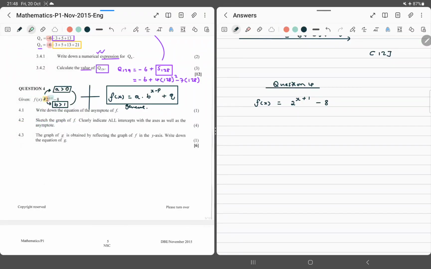And what is that horizontal asymptote? It's minus 8, or you can say it's a vertical shift. So the horizontal asymptote is this one here at minus 8. That is x, that is y, that is the origin. Now this combination says this is an increasing function that appears above the horizontal asymptote.